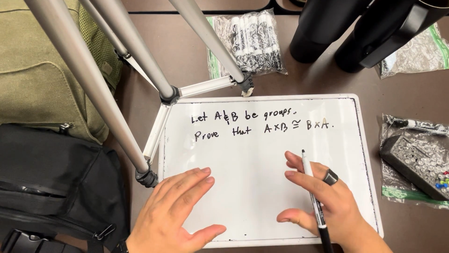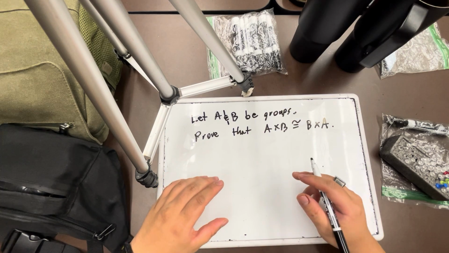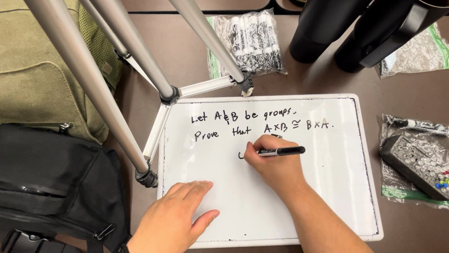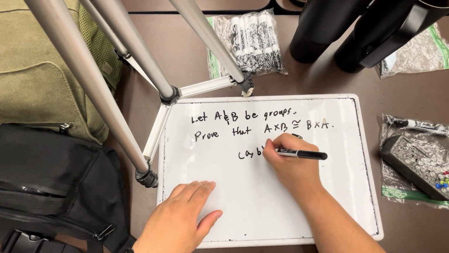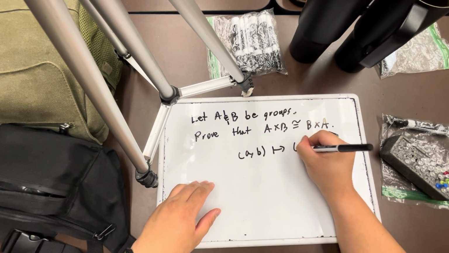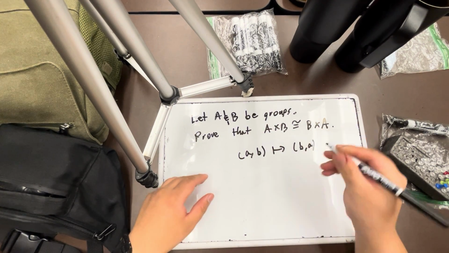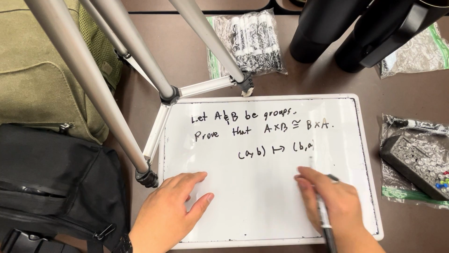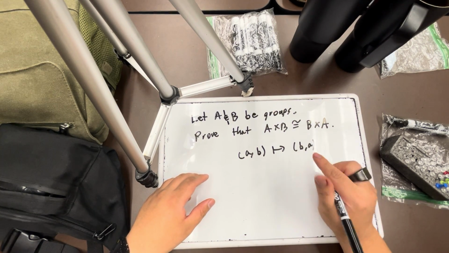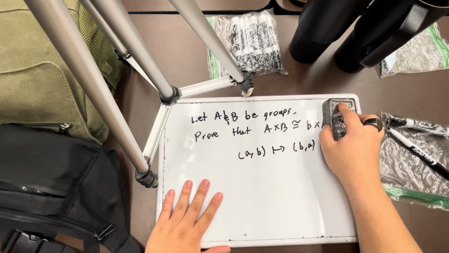The map from the ordered pair (a, b) to (b, a) clearly respects the product and has itself as inverse, right? So let's go about doing this a bit more rigorously.